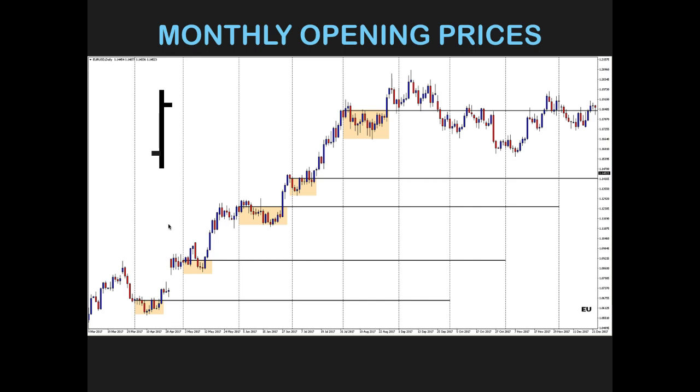So this formation is seen in the candlesticks on the monthly, and this is basically what you're looking for. This is how you know where your optimal trade setup is going to be, because for a bullish bias, we want to be buying at or below the opening price.